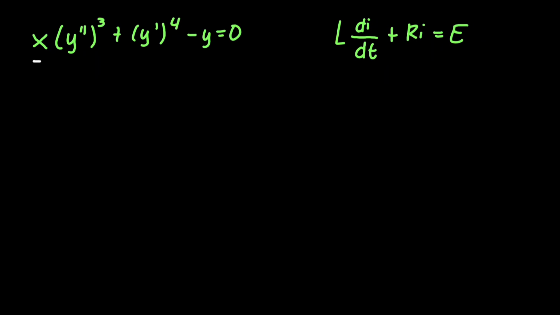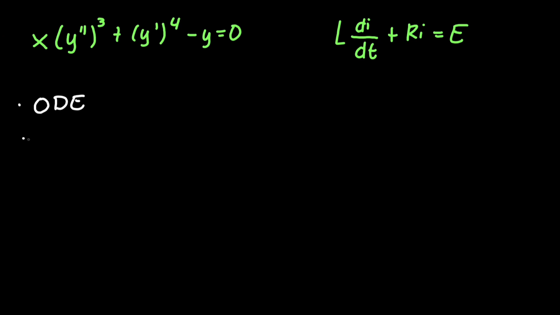x multiplied by y double prime to the power of 3 plus y prime to the power of 4 minus y equal to 0. So, whenever you see an equation that is in the prime form and not a derivative form, it is automatically an ordinary differential equation.